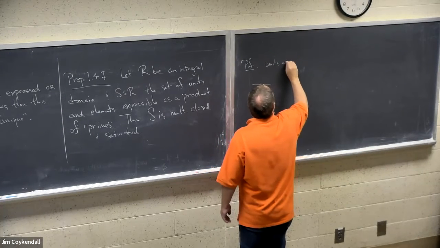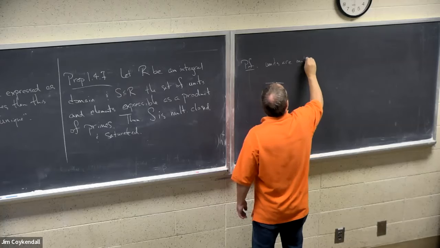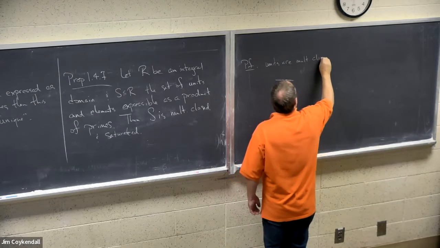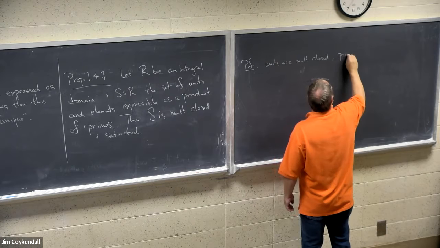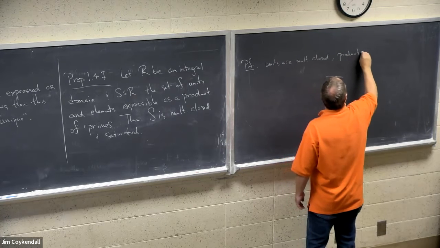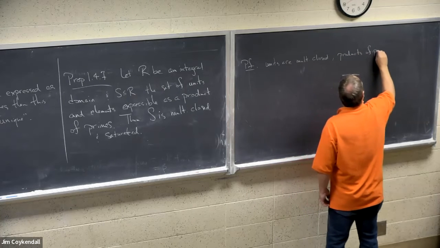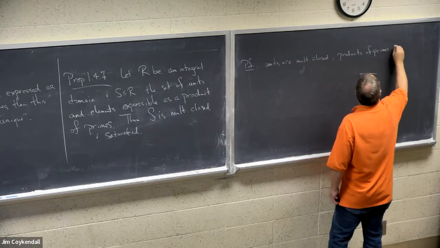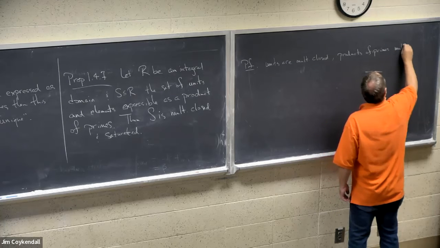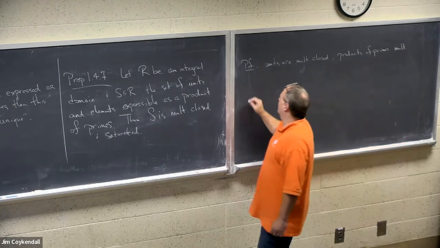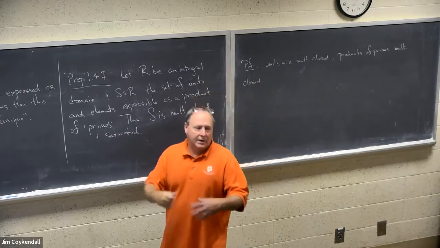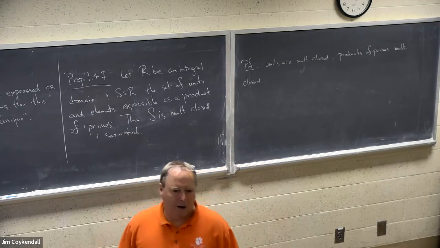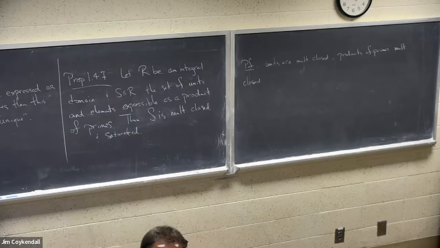Units are multiply closed. Products of primes are multiply closed. If I multiply a unit by a unit, I get another unit. If I multiply a product of primes times another product of primes, I get a bigger product of primes.